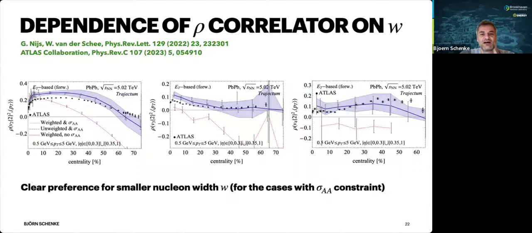If it doesn't, it could mean that it's actually not the geometry that drives these observables, and that could mean that there are no strong final state effects that are important in a small system. It could be an initial state effect where these anisotropies are born out of the initial state already by, say, the color glass condensate features or so. So they suggested to look at proton-gold, deuteron-gold, and helium-3-gold collisions.